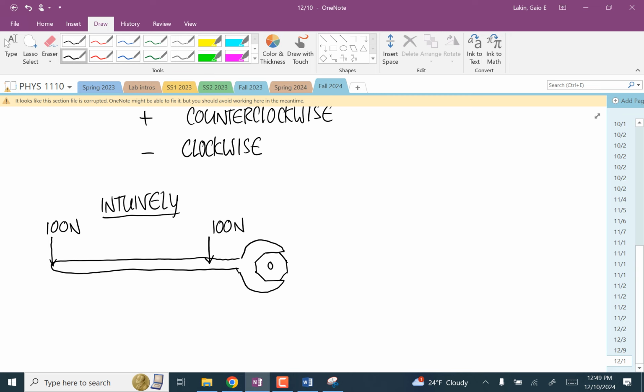Here would be the hinge. The d that I drew up in red above would be from the center of the bolt to where either one of these forces is applied. If it isn't very stuck, you could turn it by applying 100 newtons of force here. But the more stuck it is, the more you'd want to move that force out, and you'd want as big a wrench as possible. You can also visualize what would happen if you just applied a force straight down above this bolt. It would never turn.